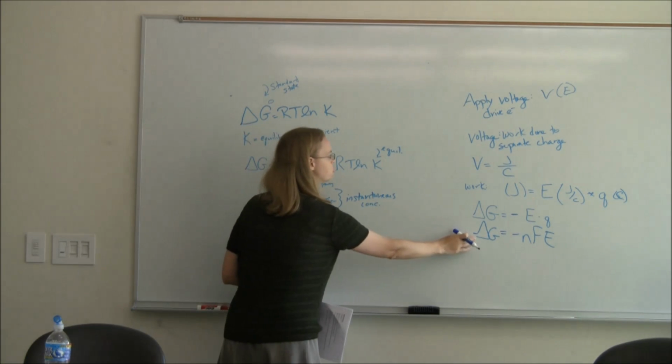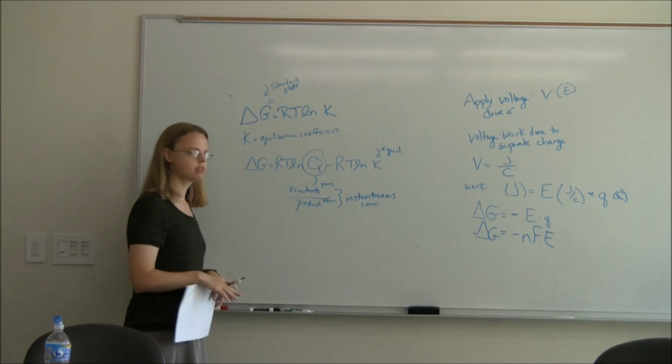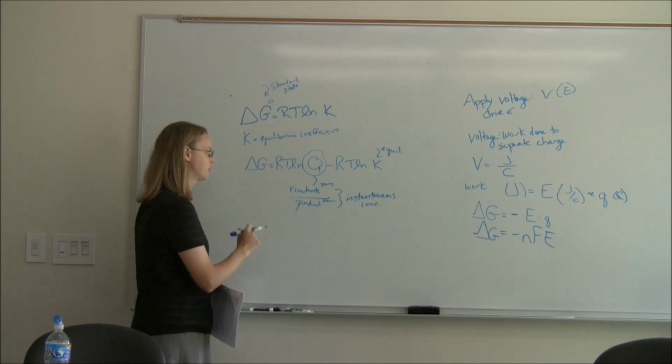Okay, so now we have two definitions for delta G. They can't be different from each other, so what we can do is put them equal to each other.